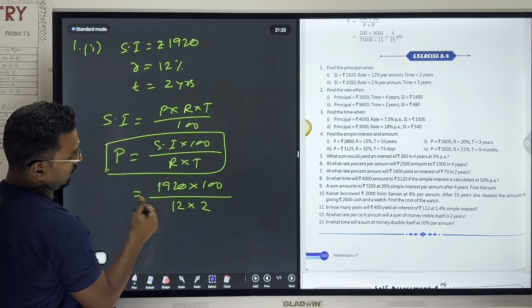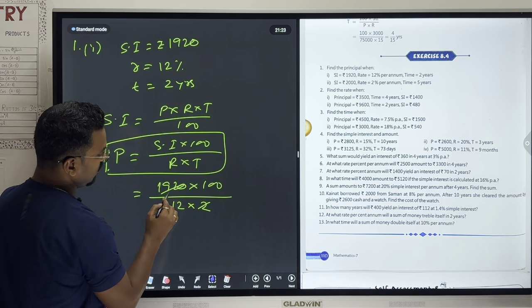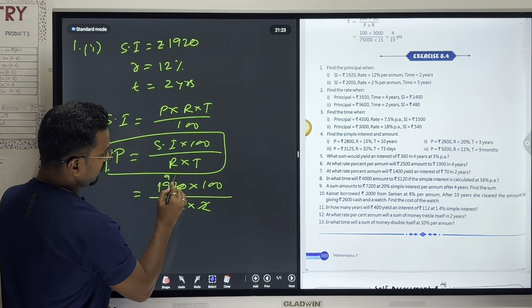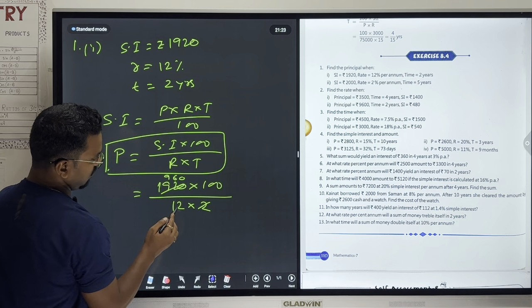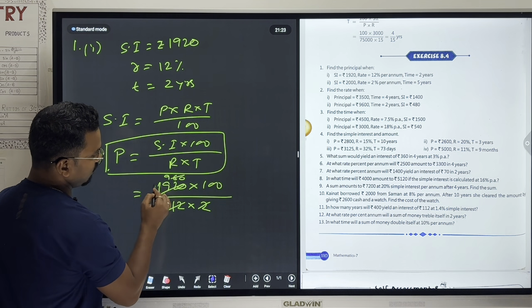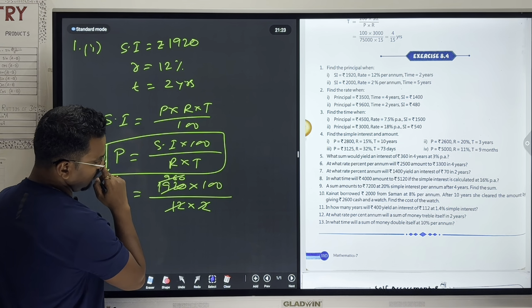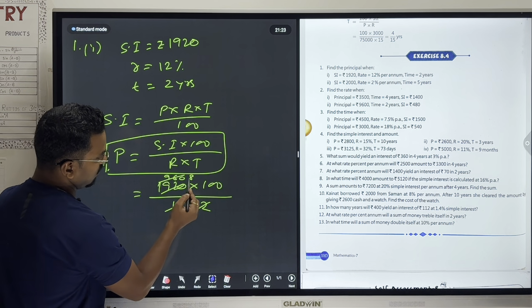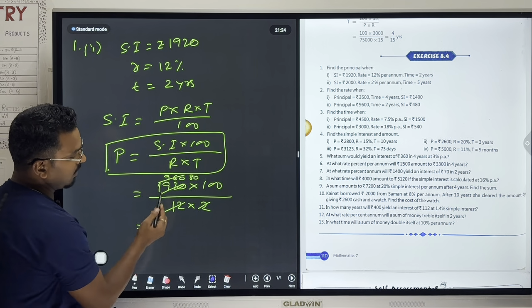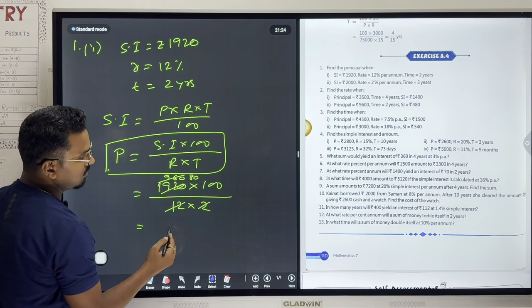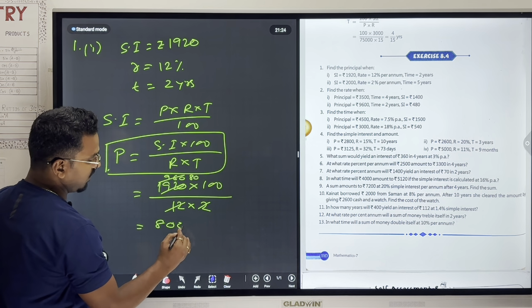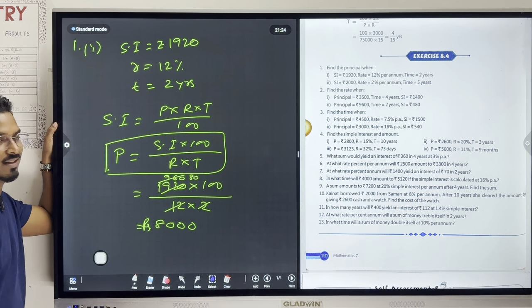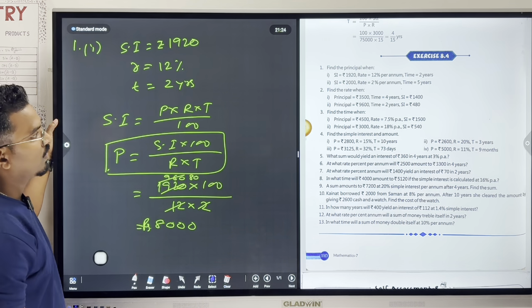So if you cancel it, you can directly cancel it. 80 into 100, it will become 8000 rupees. So what is the principal? Principal is 8000 rupees.